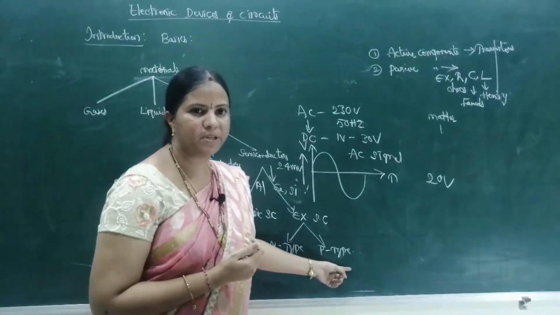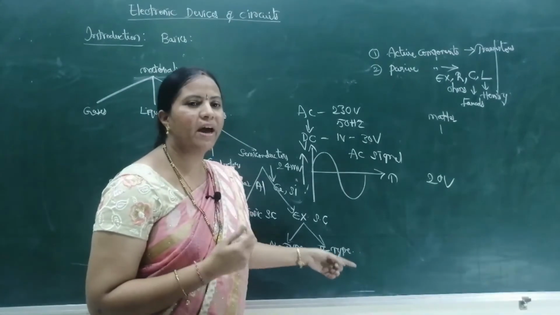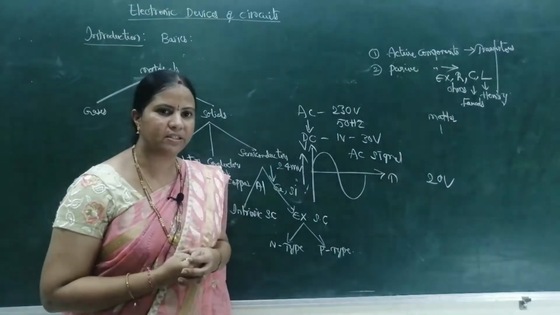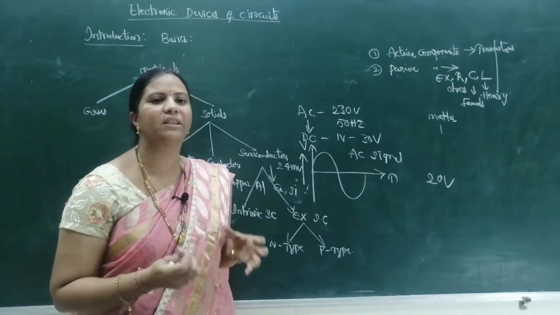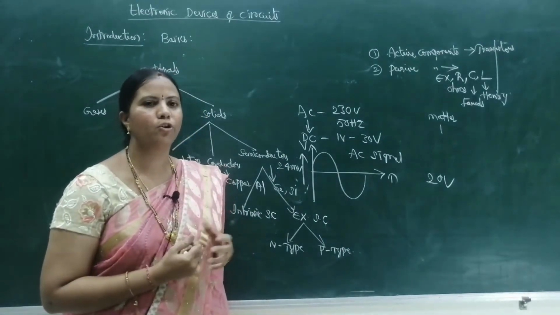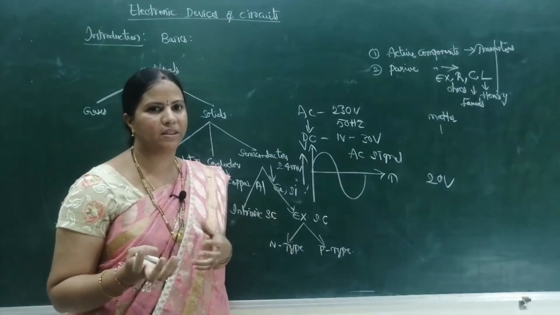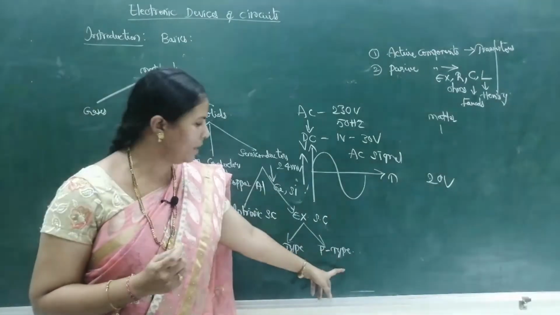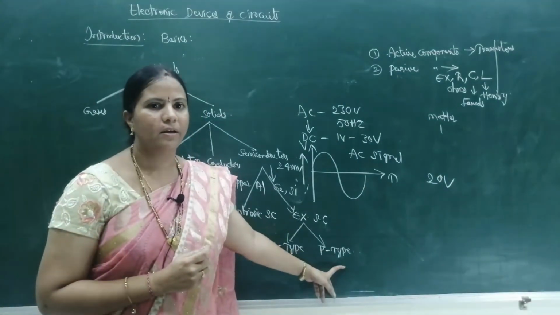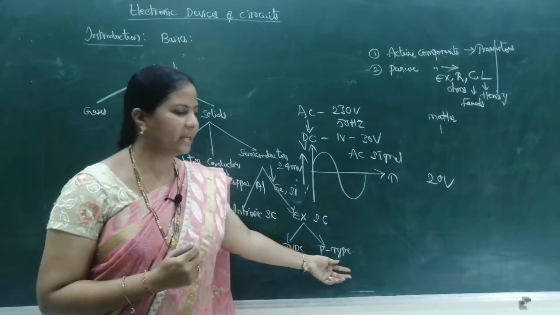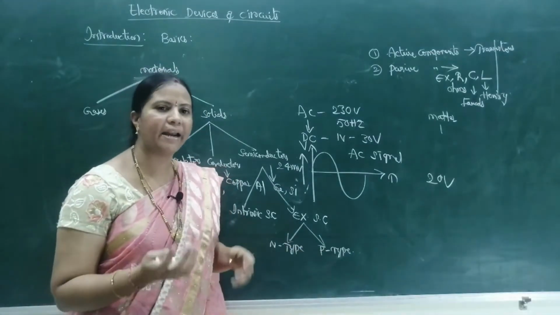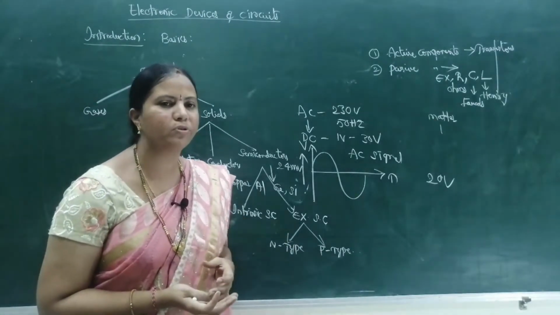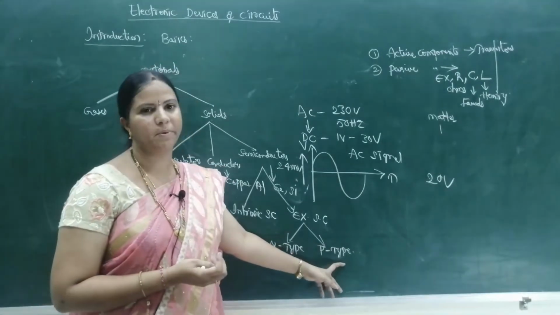And coming to the P-type semiconductor, when we are adding trivalent impurities, which are third group elements like bismuth, strontium, like that, to the pure semiconductor, it is known as P-type semiconductor.